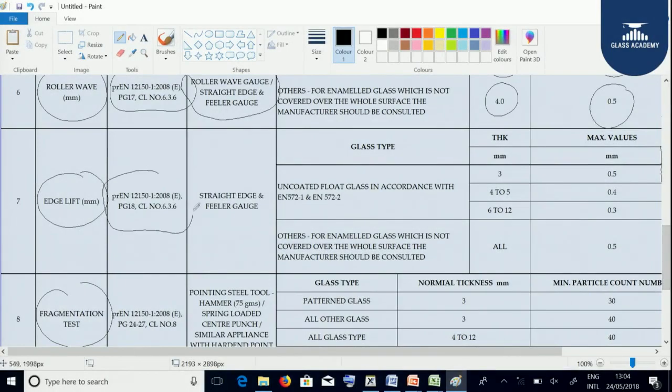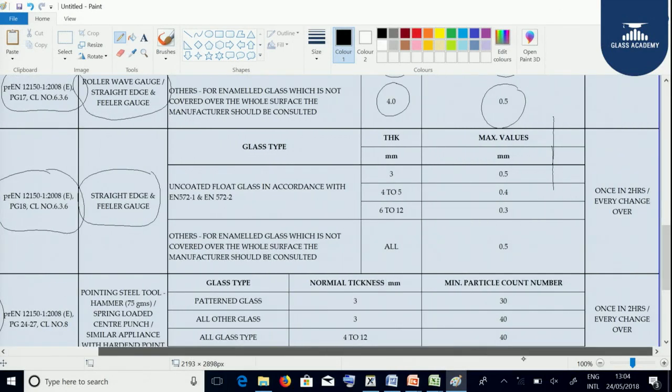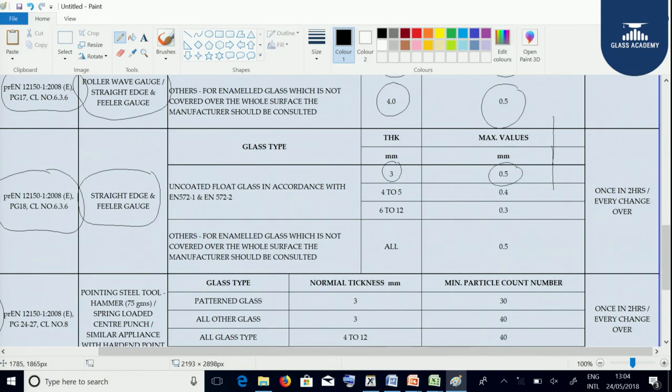Now let us take the next test parameter, the edge lift. The standard we follow is EN 12150. The tool we use to measure the edge lift is a straight edge and a feeler gauge. The edge lift is always dependent on the thickness of the glass. If my glass thickness is 3 mm, the maximum value allowed is 0.5 mm.